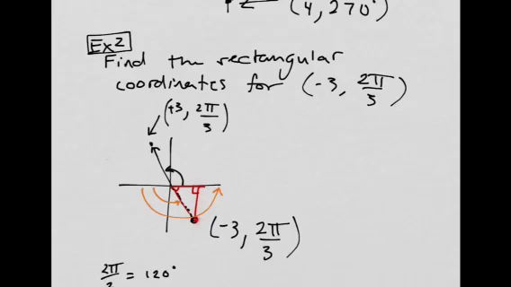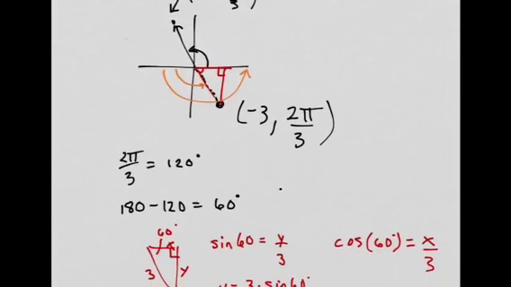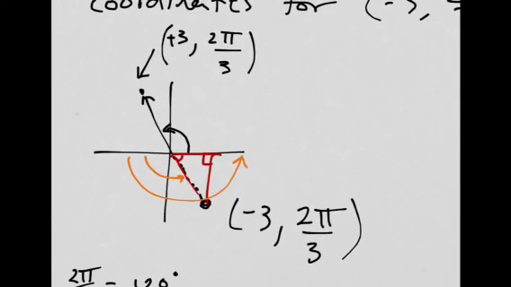And then I draw this triangle. Once I have this triangle, I'm going to try and find the rectangular coordinates by finding the x and the y. So I first have to figure out this angle. And then I'll just use my Sohcahtoa stuff, because it's the right triangle. So to find this angle, I know that from here to here is 2 pi over 3, which is, I think, 120, because it's the same as that.